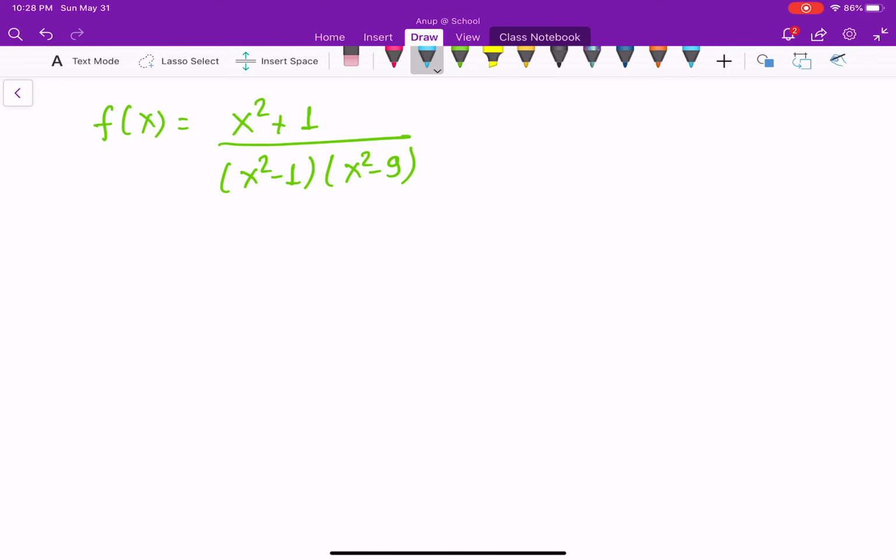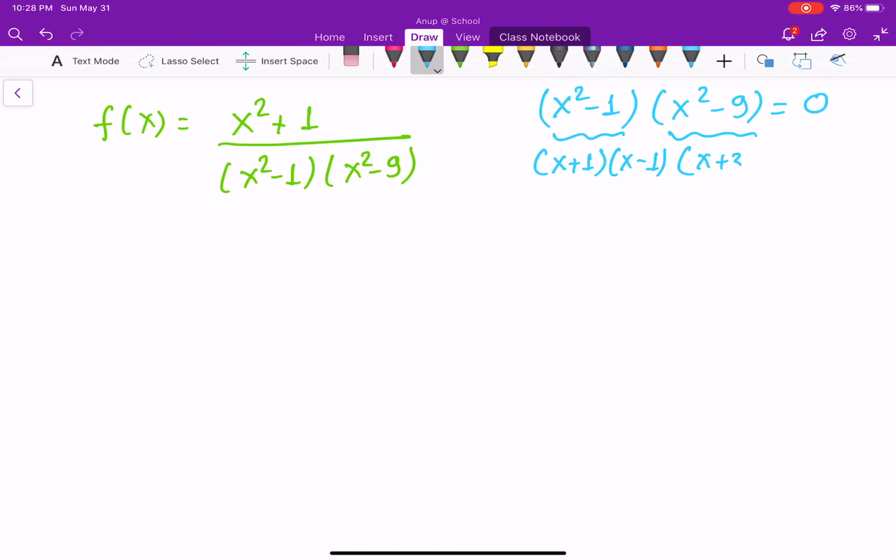You can see on the denominator we have x square minus 1 times x square minus 9; let's set it equal to 0 first. We want to see where the denominator is 0 first, right? And x square minus 1 has the factors x plus 1 times x minus 1, right? Similarly, x square minus 9 has x plus 3 and x minus 3 as the linear factors.